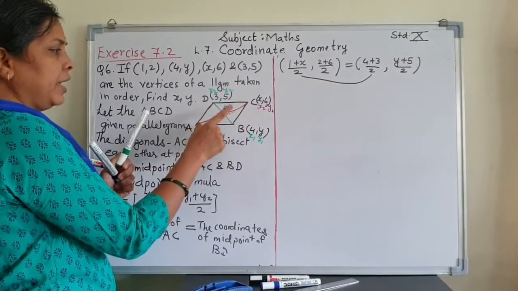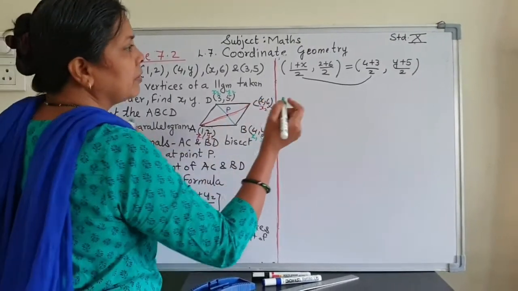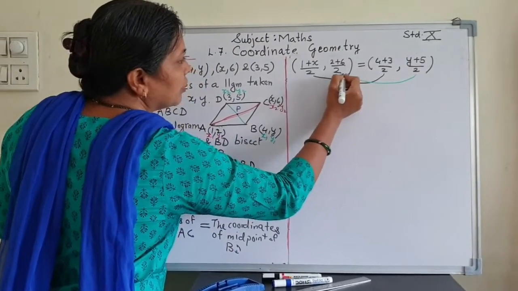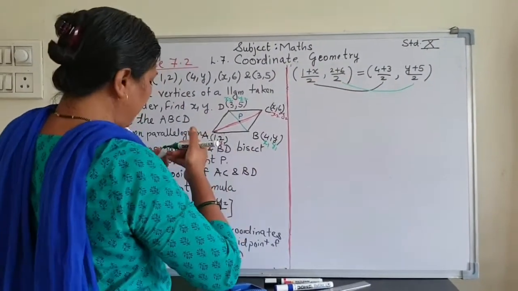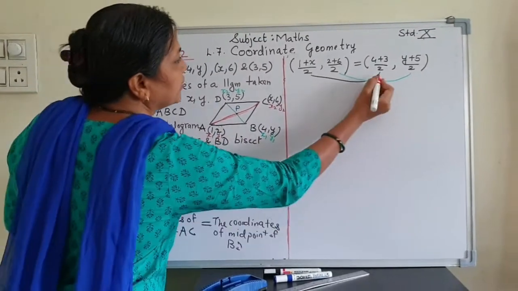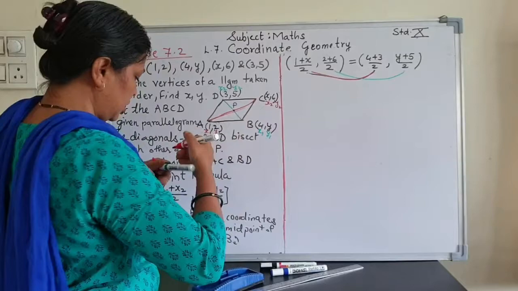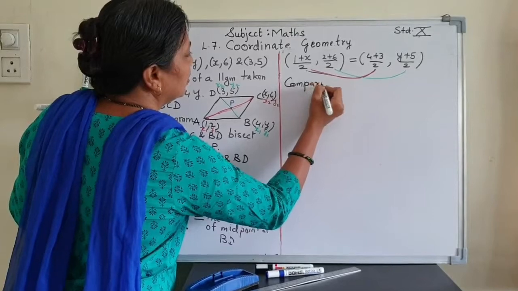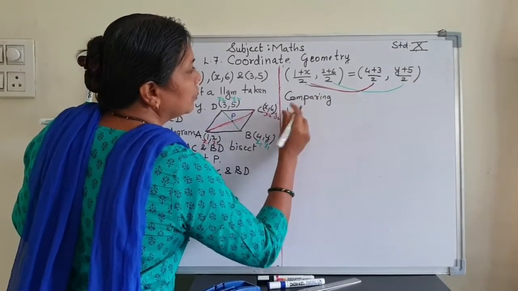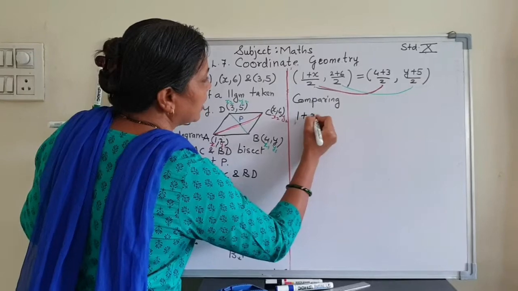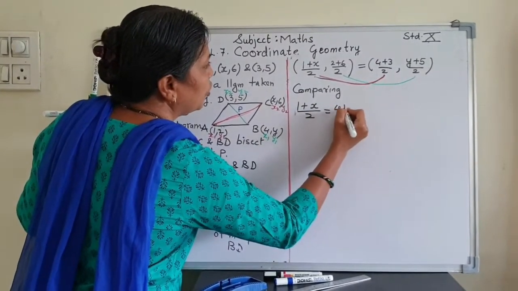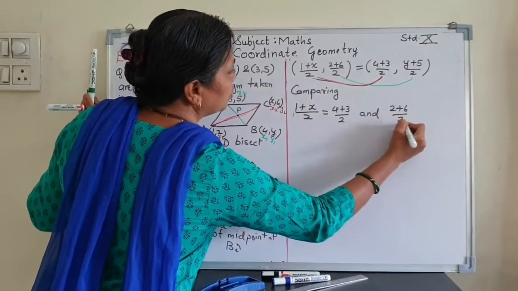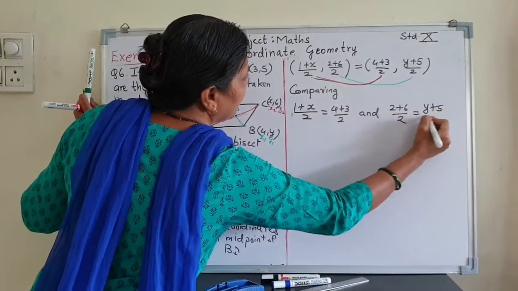P is same for the midpoint of AC and BD, and we can compare the y coordinates too. On comparing values we get 1 plus x upon 2 is equal to 4 plus 3 upon 2, and 2 plus 6 upon 2 is equal to y plus 5 upon 2.